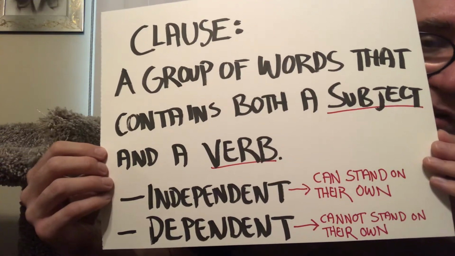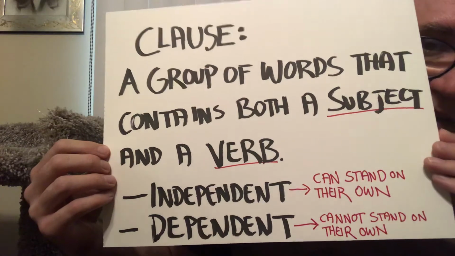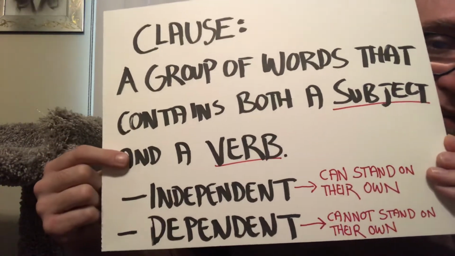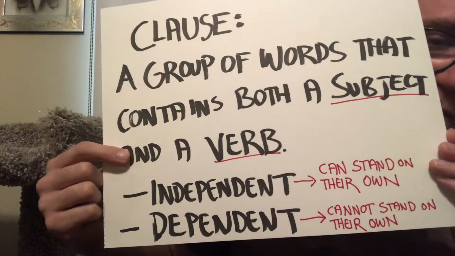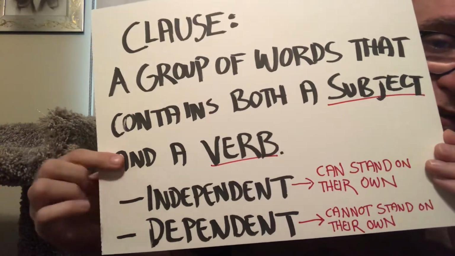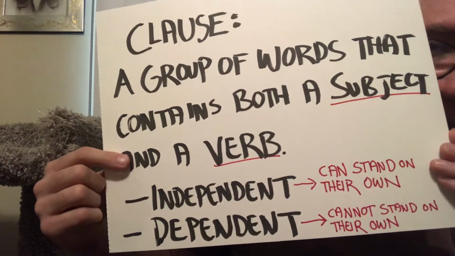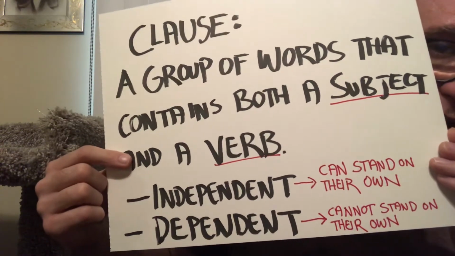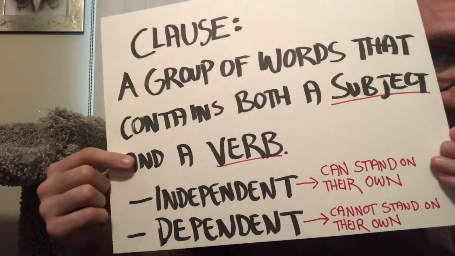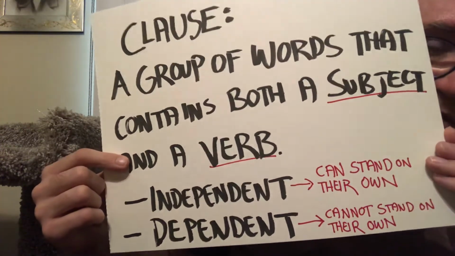There are two kinds of them that we're going to see. There are independent clauses, which can stand on their own and effectively form a complete thought. An independent clause could be a sentence all by itself, although sometimes independent clauses are attached to dependent clauses or to other independent clauses. So keep that in mind.